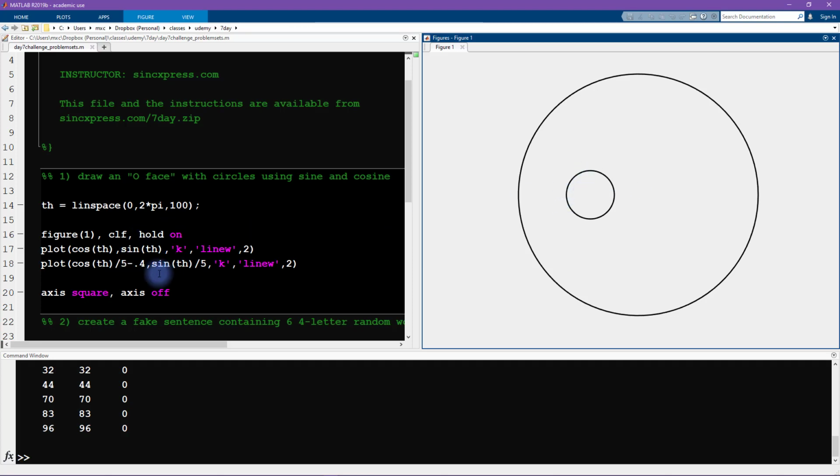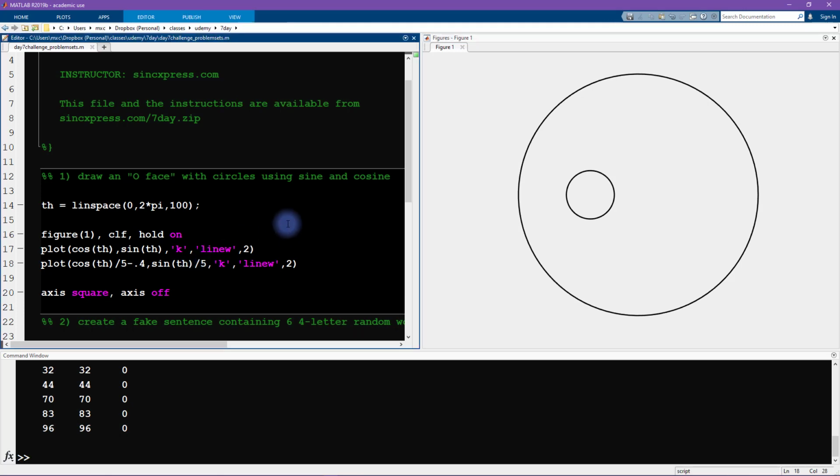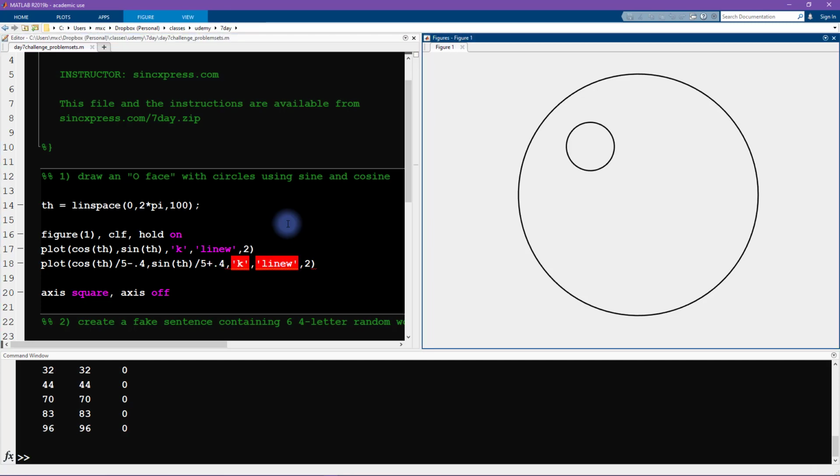And of course, you can use some other number, but this is just what I used. Now this is still sitting on the y-axis, so we need to offset it on the y-axis as well. And here I used plus 0.4. Okay, so that's for the one eye.